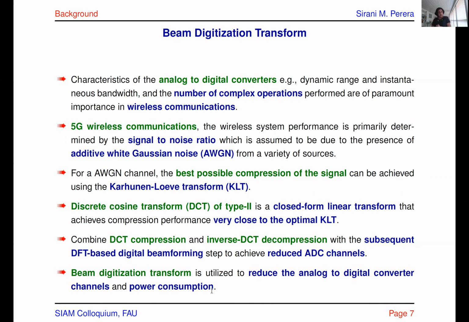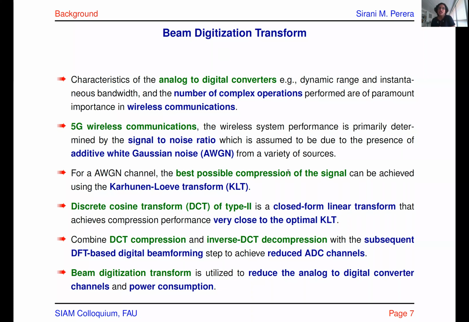For the additive white Gaussian noise channel, the best possible compression of the signal can be achieved through the KLT, which is very well known. Then it was found by Ahmed, Natarajan and Rao, and Yip that the discrete cosine transform of type 2 is a closed form linear transform, which is very close to the optimal KLT.